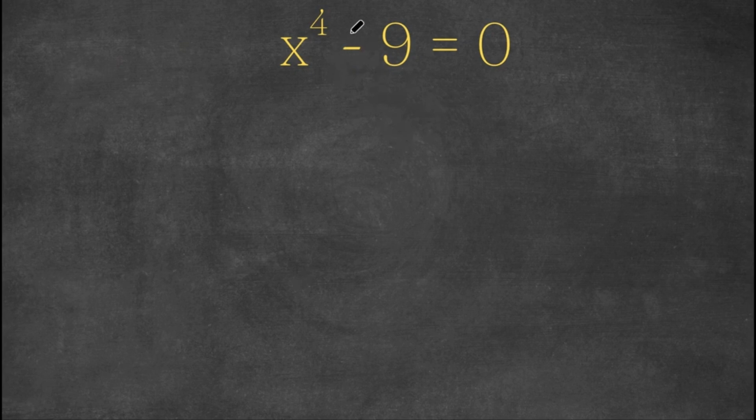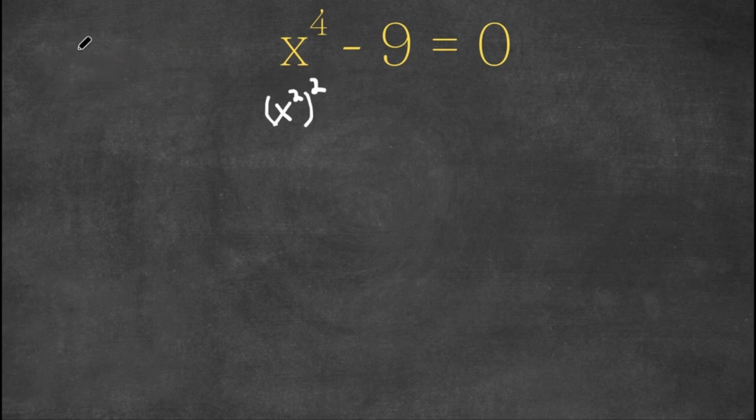So we have x to the power of 4 minus 9 equals 0. So what I'm first going to do is change x to the power of 4 to x squared to the power of 2.